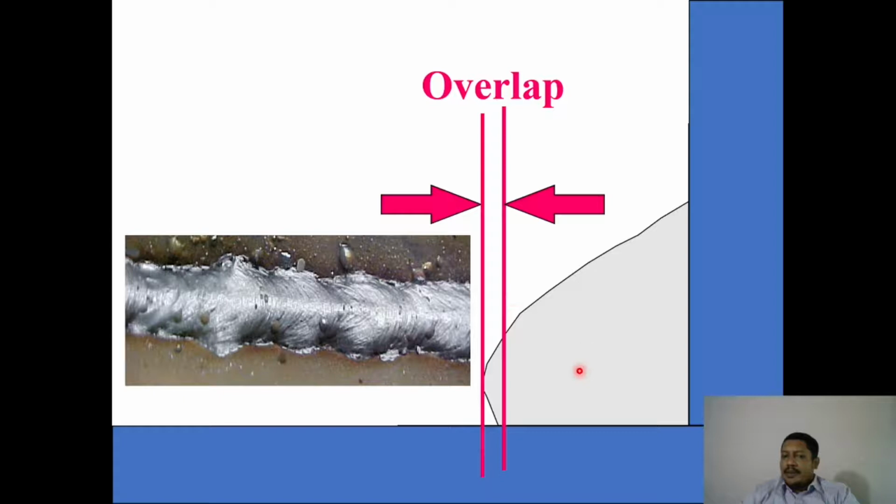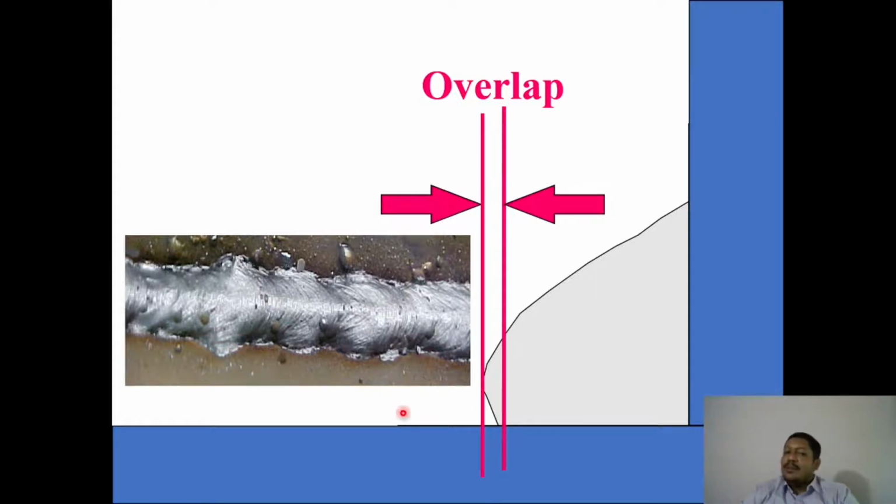You can see over here this is the limitation, and this is overlapped by a certain distance. This is the recommended one, but here you can see it is overlapped into the base metal. Only this portion is desired. Whatever metal you are pouring over here does not have any use. It is basically a waste that you have to remove or eliminate.